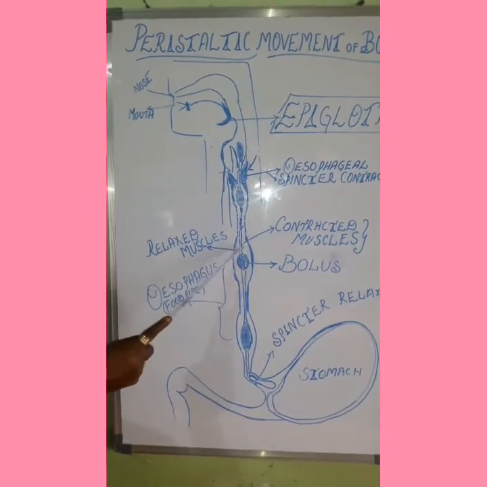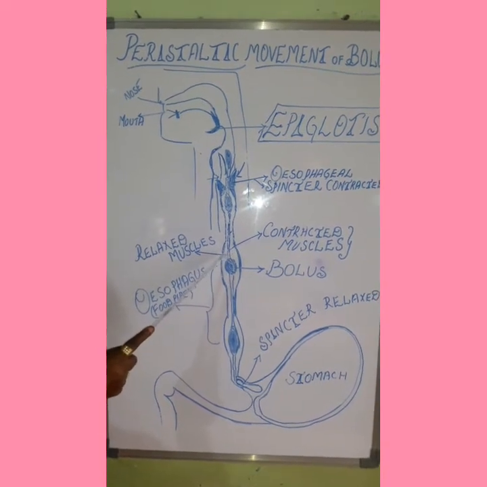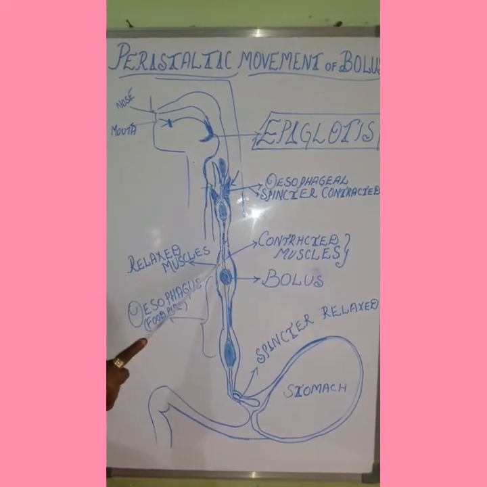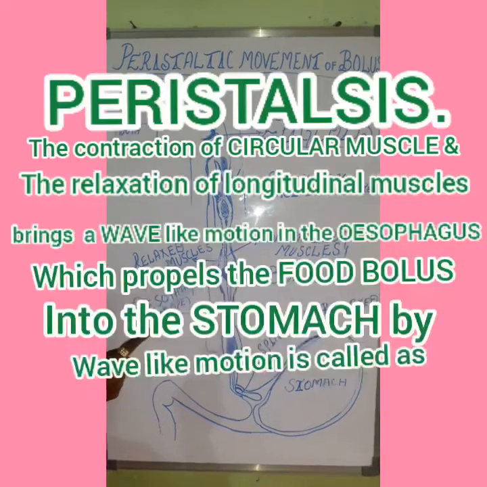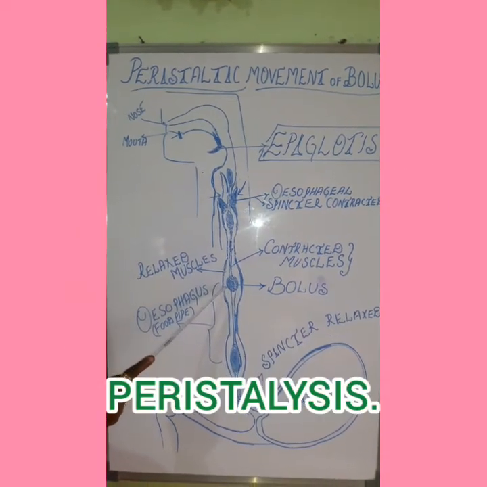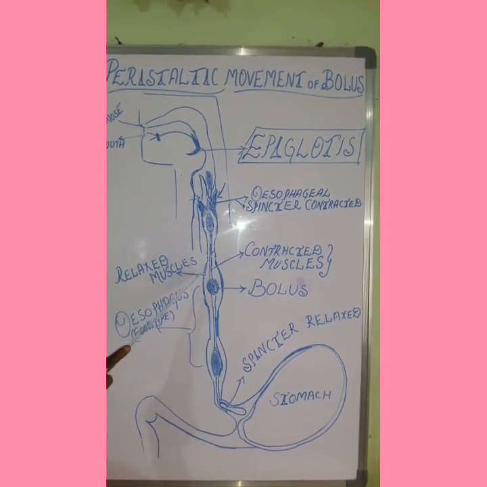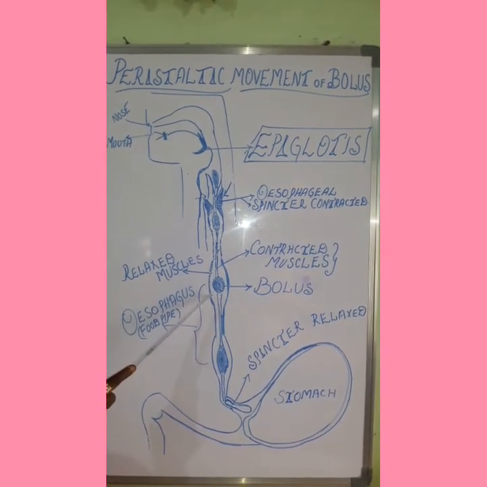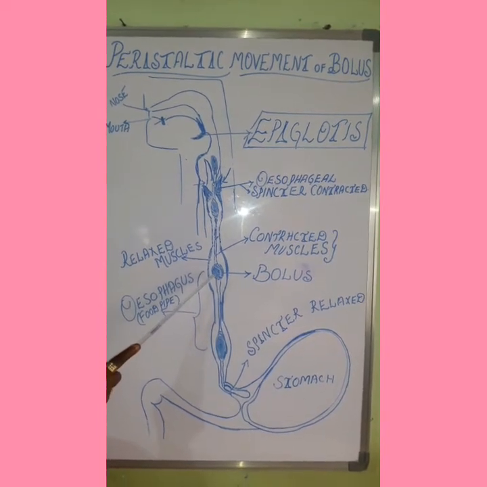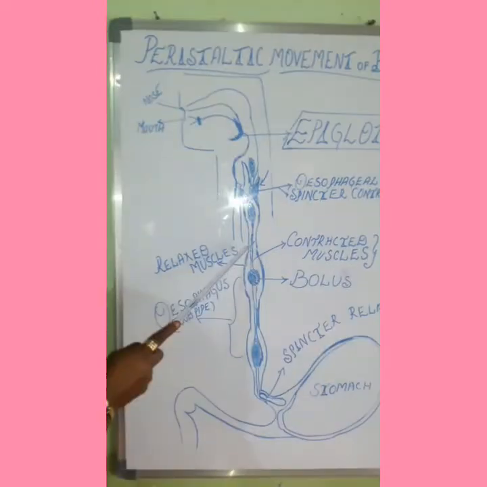The longitudinal muscles enable the esophagus to widen, so that the bolus enters inside the tube. So the longitudinal muscles in front of the bolus widen the tube. This results in the relaxation of these muscles and brings out a movement.